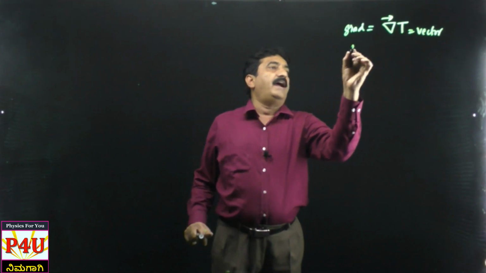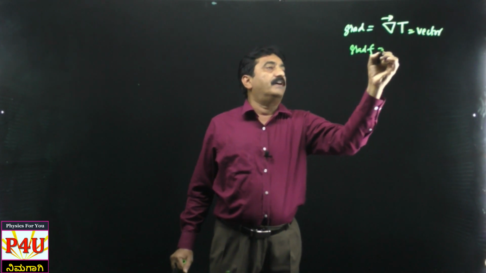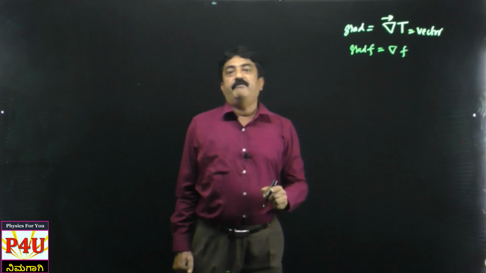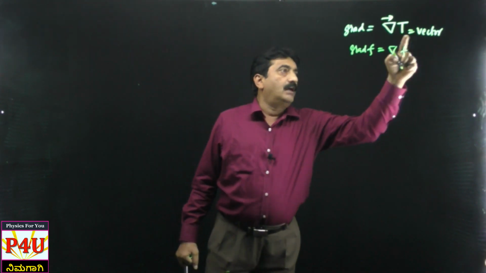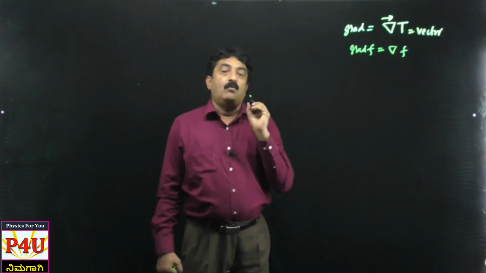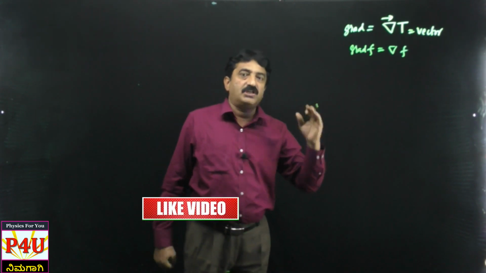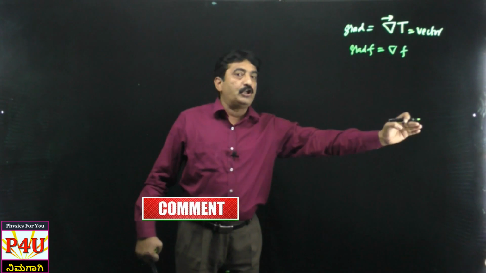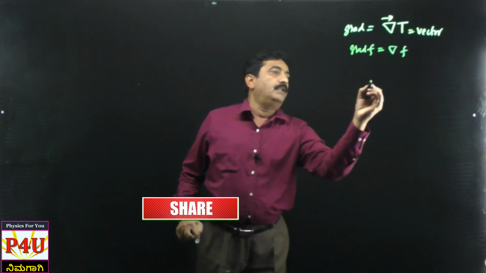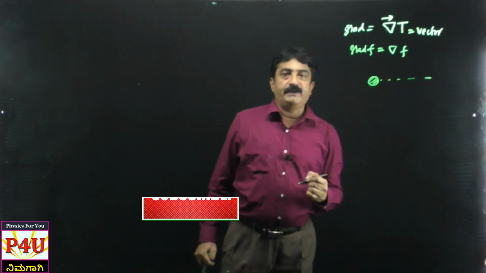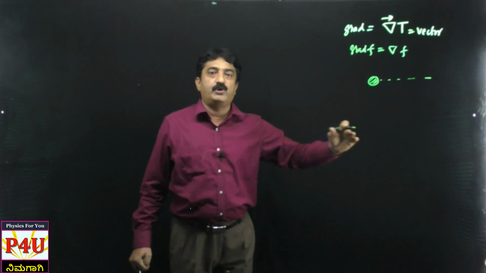Define grad: grad of a function f is equal to del of f. It is a vector. Even though f is a scalar, overall it is a vector. What does gradient actually represent? Gradient represents the variation of the scalar quantity in a particular direction. For example, you have a red hot iron sphere. As you move away from the sphere, temperature decreases gradually.